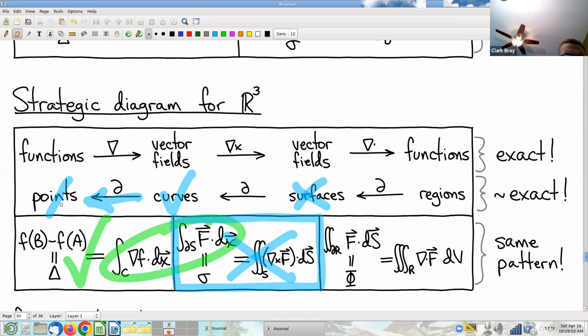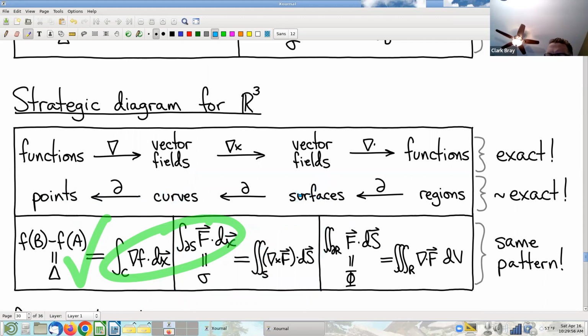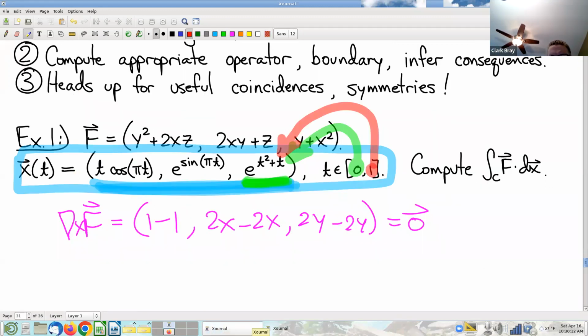So we kind of have just the one option here. Well, okay, to be fair, we have two. There is an anti-gradient, which is why I can use the fundamental theorem of line integrals. But whenever there's an anti-gradient, that means another option is path independence. So again, you have kind of two options here now.